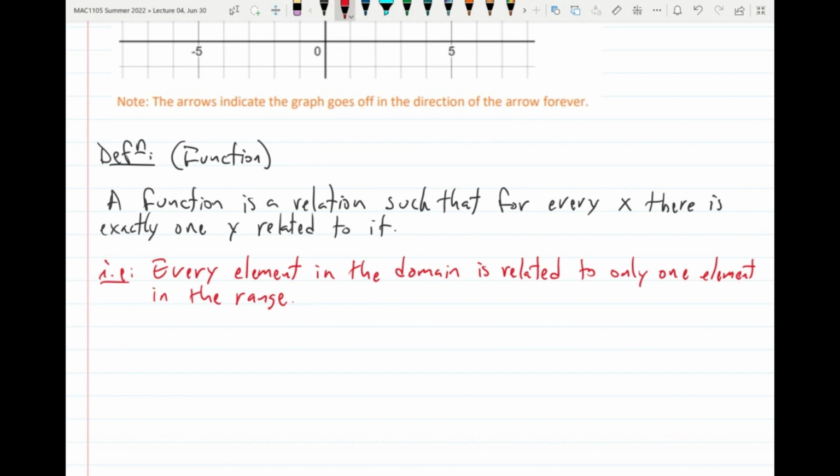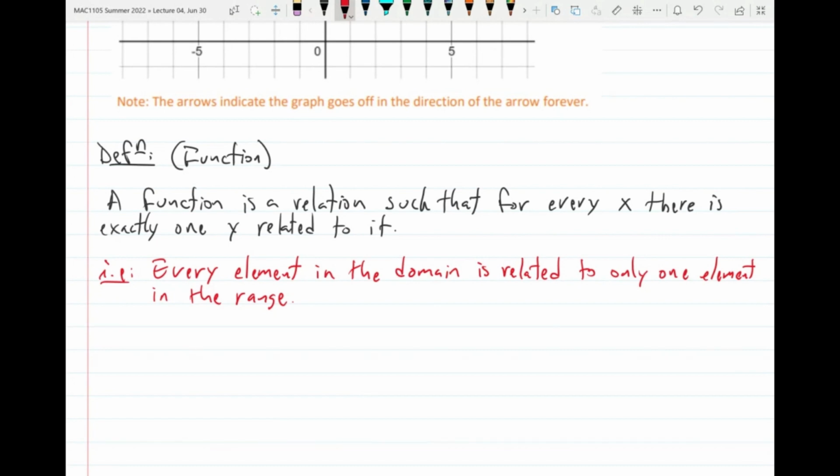An element in the domain cannot have two different ones. The elements in the range are called the images of the elements in the domain. So what we're saying here is that each element in the domain can only have one image. It cannot have two or more images.